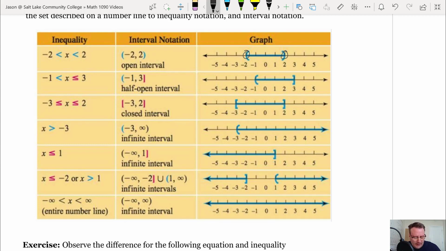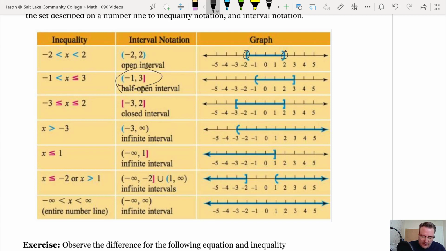In this next example, we have the inequality -1 is less than x is less than or equal to 3. All of the red symbols indicate non-strict inequality, which means it could be less than 3 or equal to 3. So we want to include that value in our solution set. In this case, we use a square bracket to indicate points that we want to include in our interval notation.